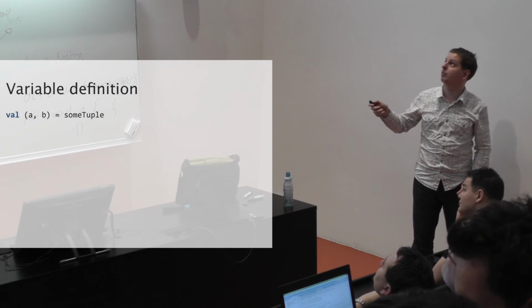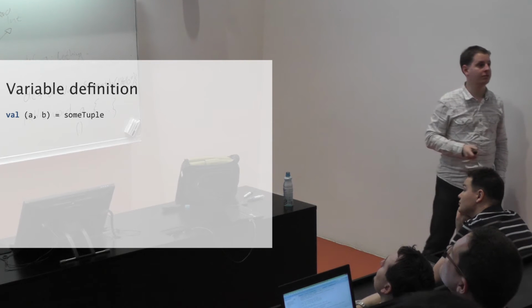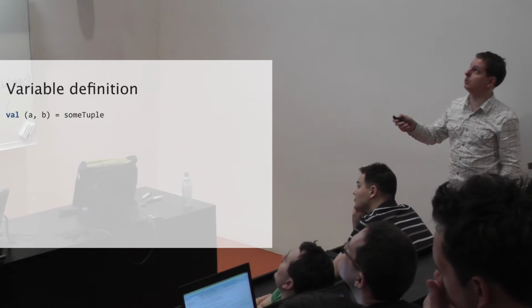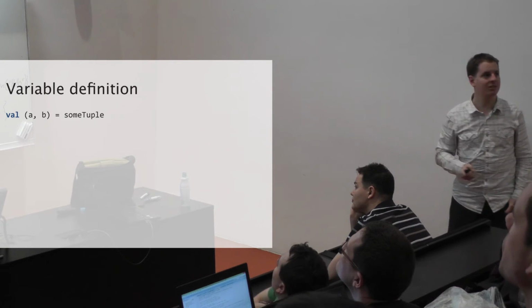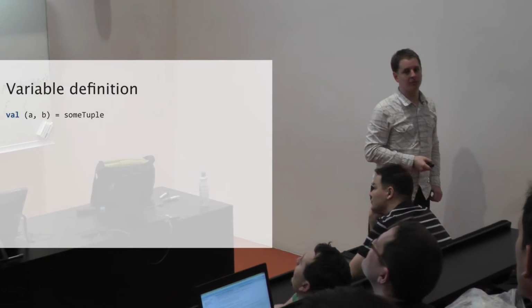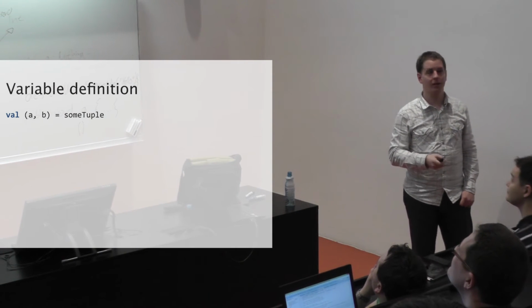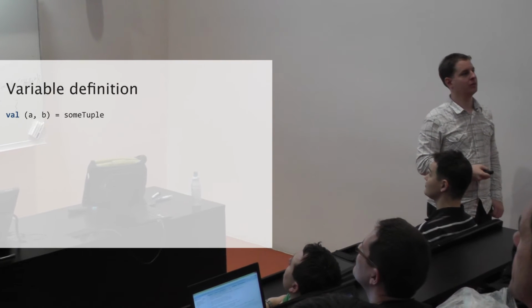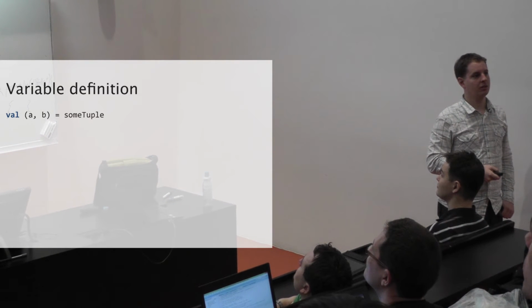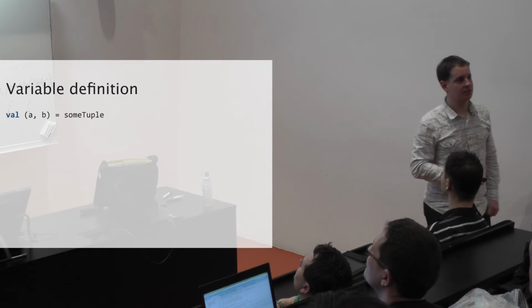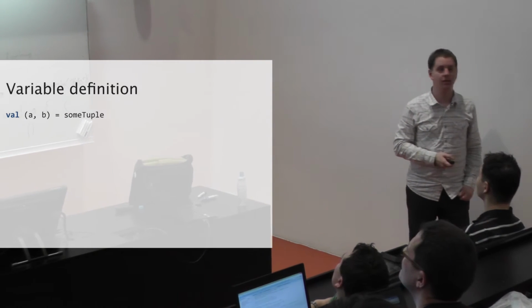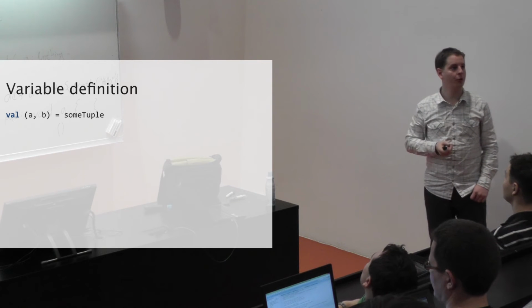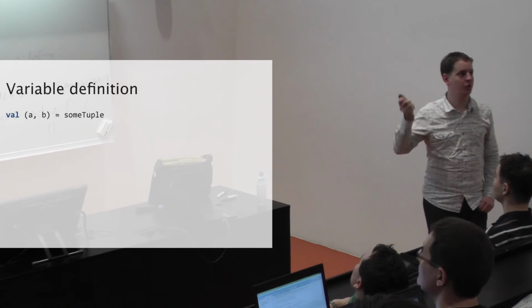They are inferred from the type of this variable. What does this first line do if the tuple is not a tuple? If it's a string, or a tuple with 3 elements, or a list, what does it do? Exception. Yes, it will throw a match exception. But the compiler doesn't warn you. It is your responsibility to check it.